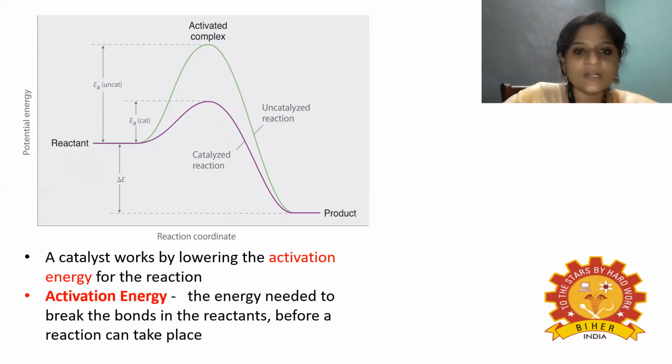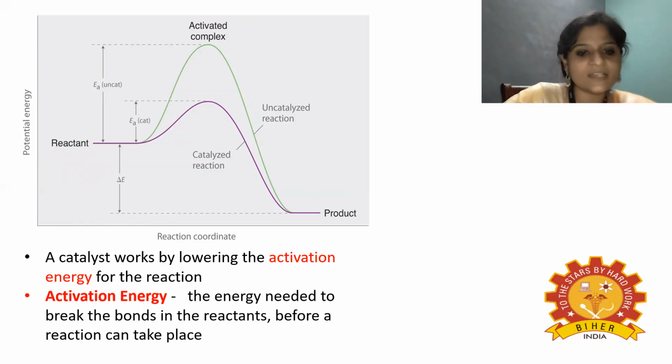If you see the formation of the product all the way from the reactants, the catalyzed reaction will have a very low activation energy when compared to the uncatalyzed reaction. This is because whenever the activation energy is lowered, the free molecules will immediately get converted into the product.